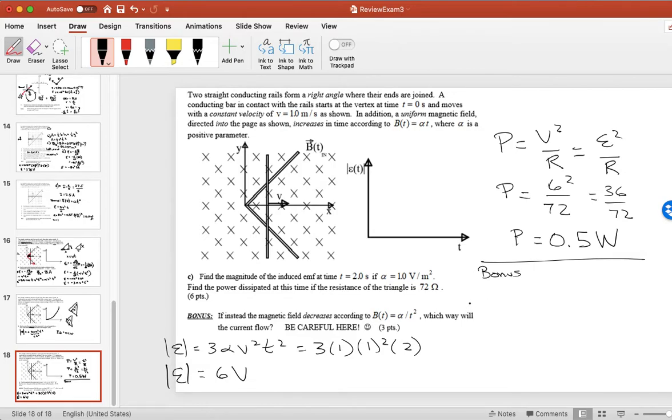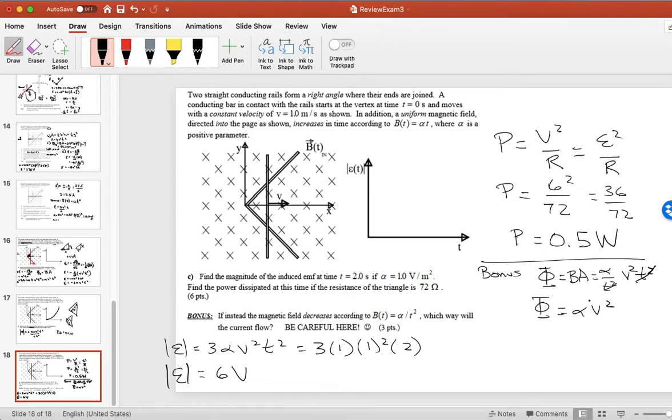If we look at our flux, we're going to have B times A. And if we plug in, we're going to have B is alpha over t squared, and area is v squared t squared. So what happens to my flux is that my t squareds cancel. So I'm just going to have alpha v squared.